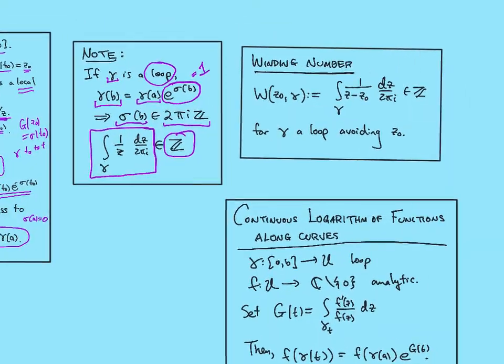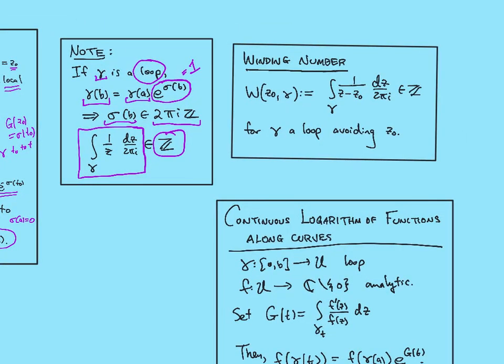And here I've translated so that we're not just talking about the origin, but now we'll talk about curves that avoid other points like z naught. So our notation for winding number will be w of z naught comma gamma.